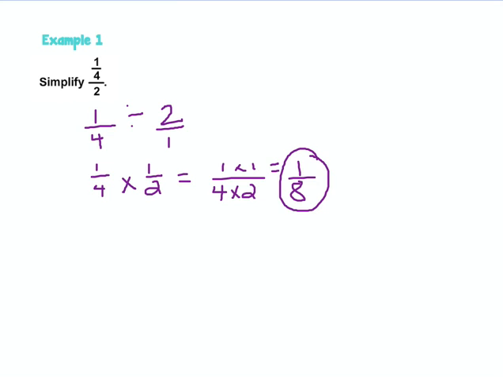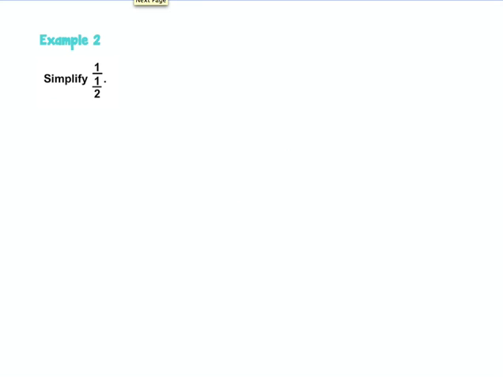Ready for example 2? Here we go. Here we have 1 as our numerator and 1/2 as our denominator. Now remember, we write it as a division problem, so we're going to go with 1 divided by 1/2. Now we rewrite that as a multiplication problem.